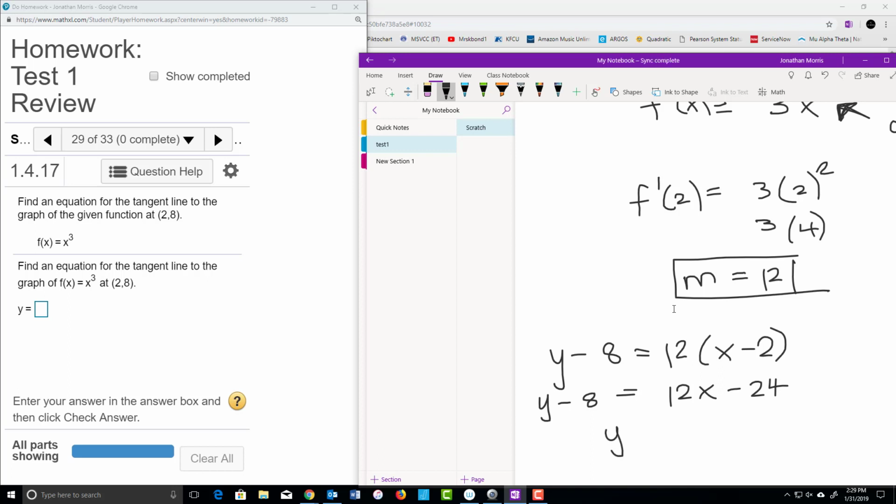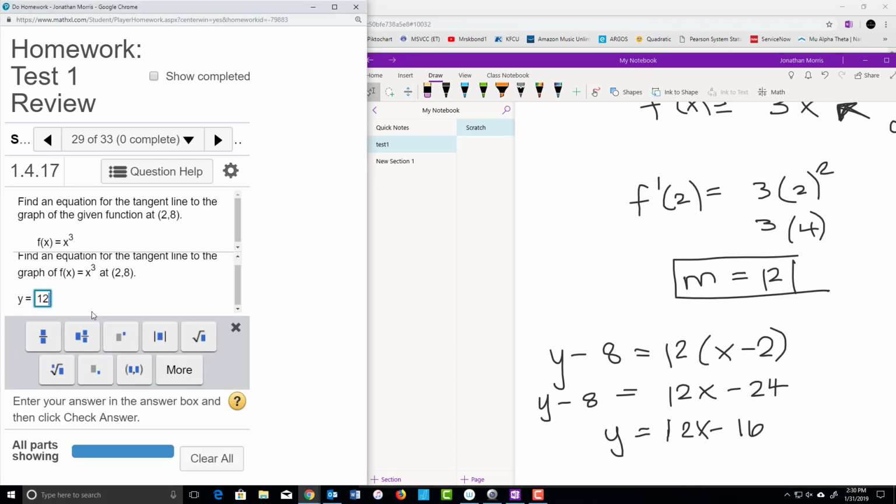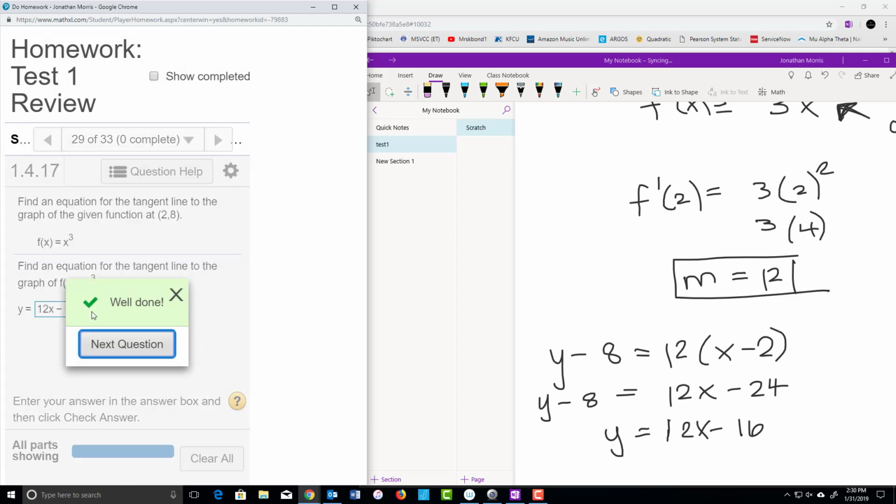Add 8 to both sides. Y equals 12x minus 16. Let's go and type that in. And there we go.